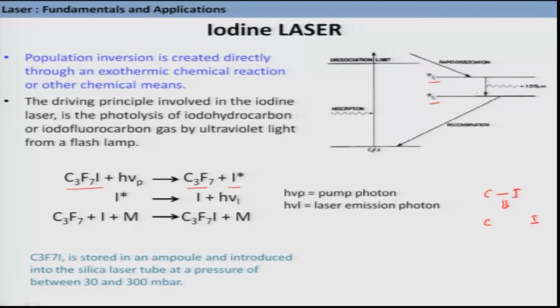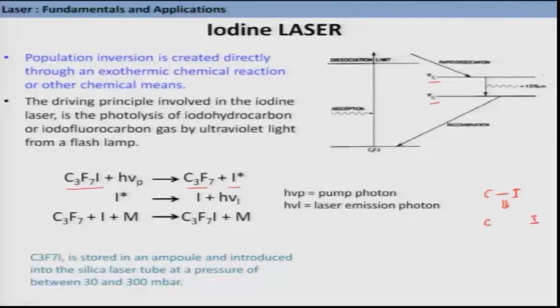Most of the time you will not be able to control the quantum yield of I star. The iodine in the excited state is written as I star. This is the excited state iodine atom corresponding to P1/2.